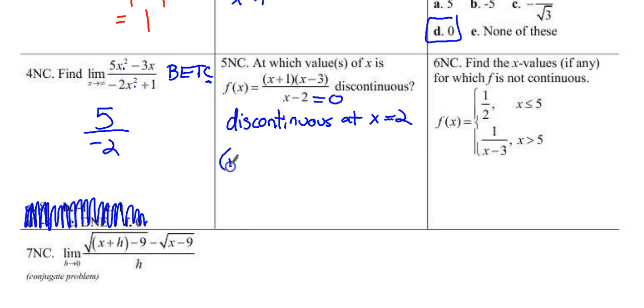So I'm going to go ahead and say non-removable just to help you refresh your terms on those. Non-removable, which means it has a vertical asymptote. That's an arrow pointing to, it goes both ways. And non-removable is vertical asymptote. Vertical asymptote is a non-removable discontinuity. So, maybe I should, I don't know if you can tell that that's our arrows.